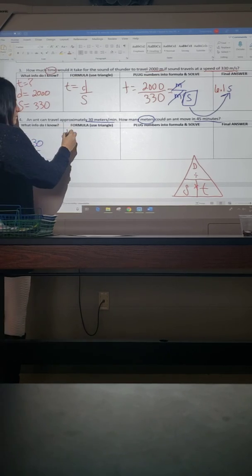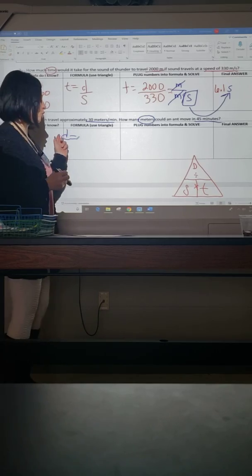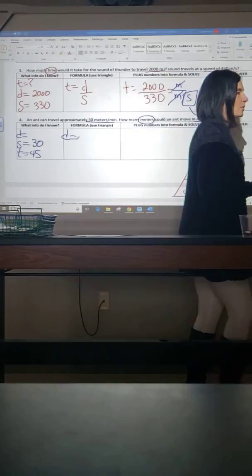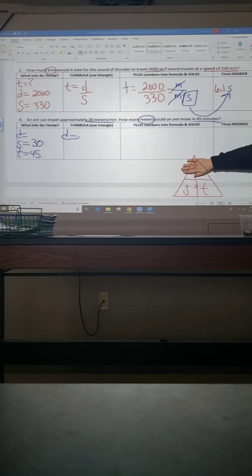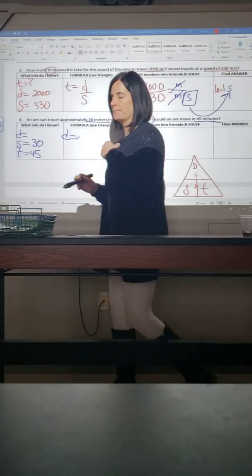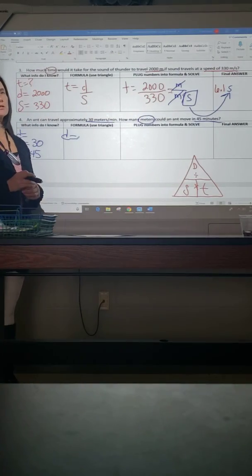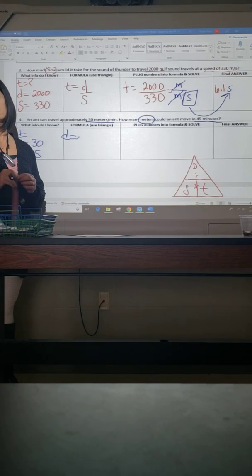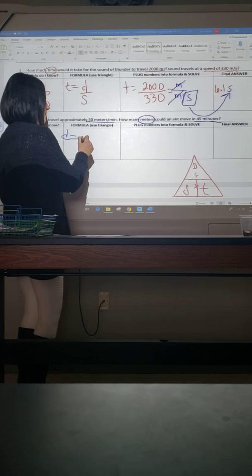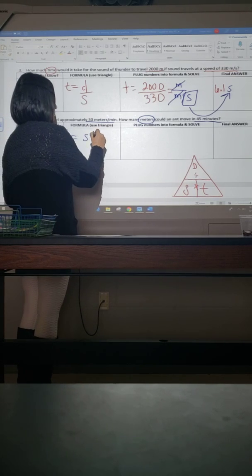So now, I am going to solve for my D. So in our triangle, you have to cover up the D. And then what are we left with? What are we going to do with our other 2 variables? What does that triangle tell us to do with them? What do you think, Caitlin? Good. So we're going to take our speed times our time.